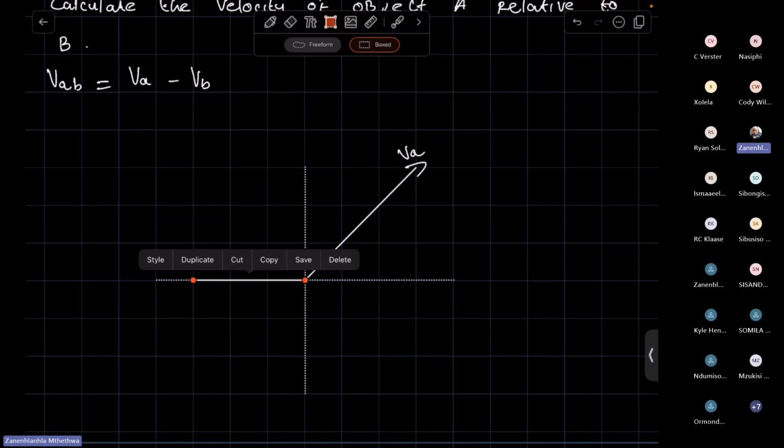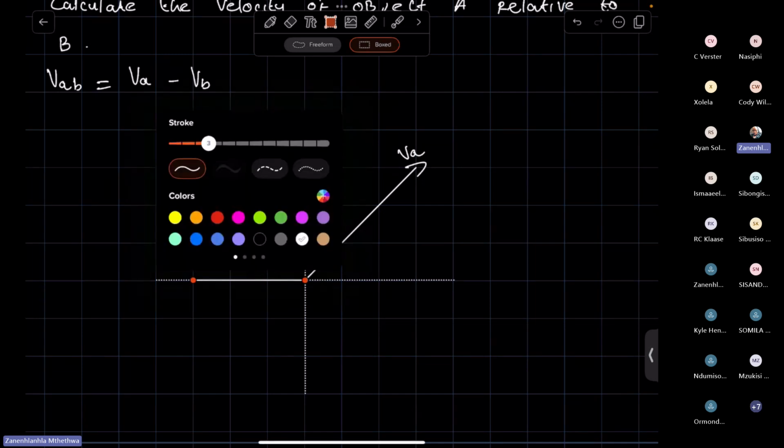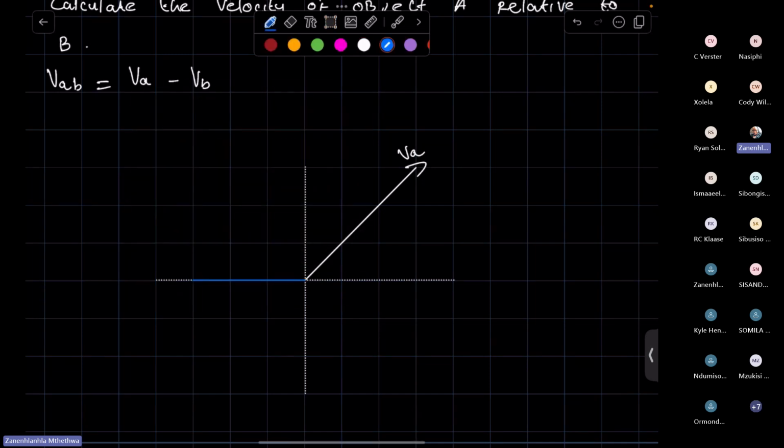Let's make this one blue. As you can see, this object, say this one is making an angle of 40 degrees with the x-axis. I forgot to write here, call this VB.